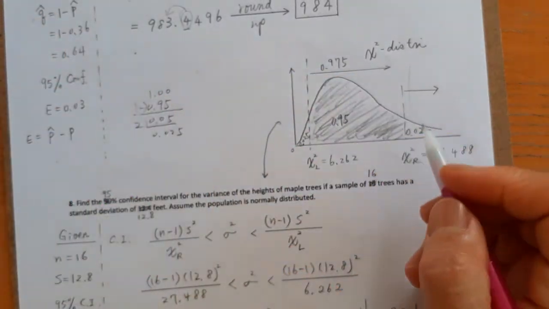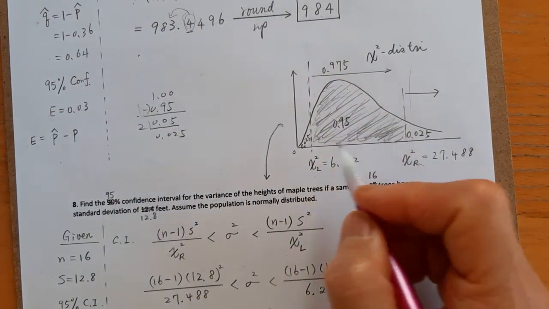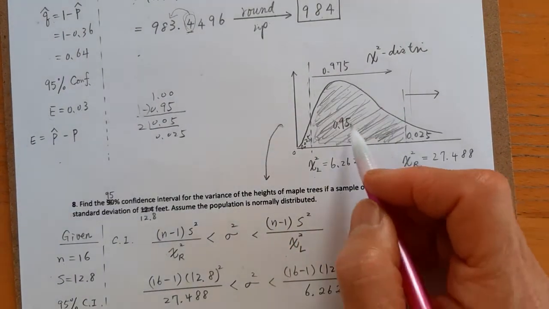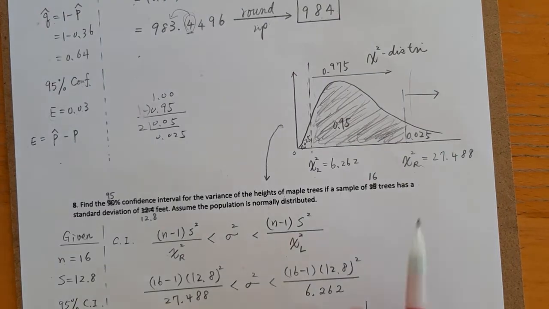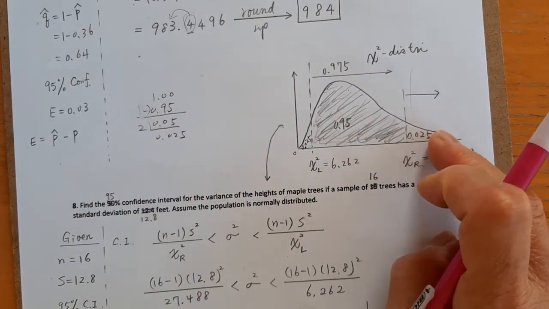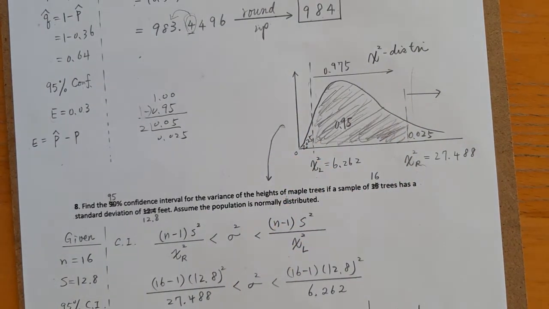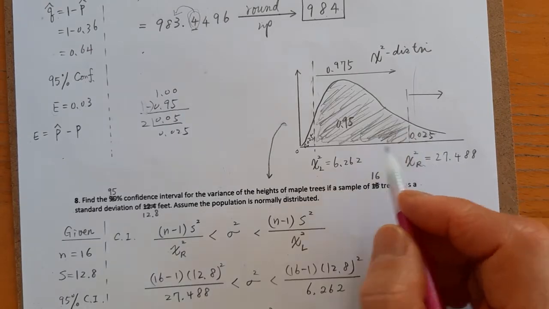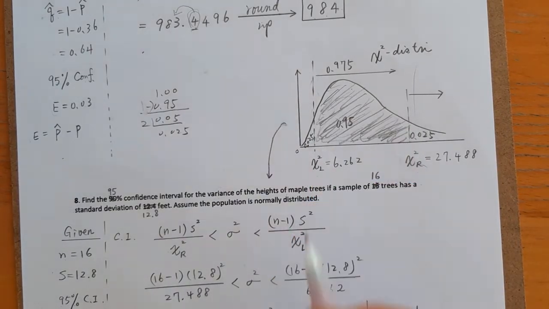So this area is 0.025, and this area is also 0.025, because between is 95% and the remaining is 5%. Divided by 2, this side is 2.5%, this side is 2.5%, and converted to decimal, 0.025 and 0.025.